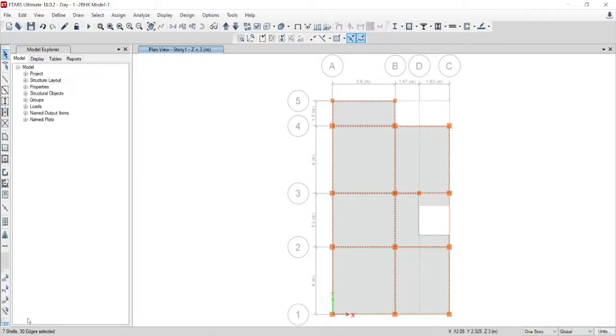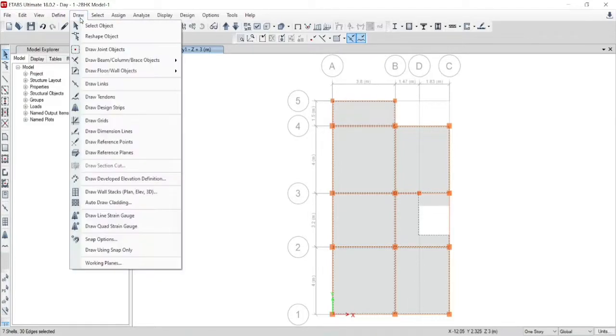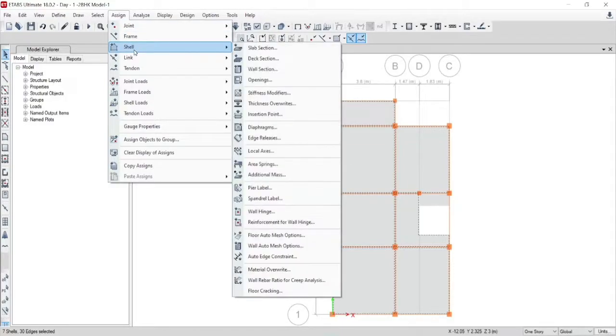Now 7 shells are being selected, and if I am selecting all the floors, I have to assign diaphragm. Here in assign you have diaphragm. So you have to go for this option.